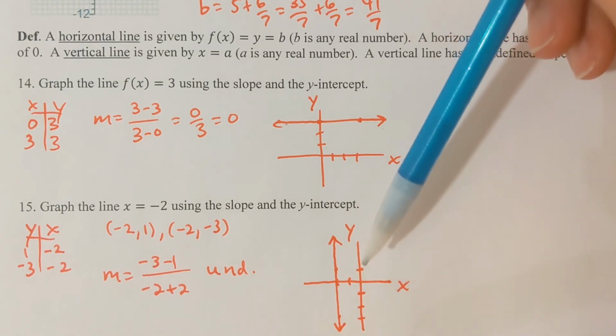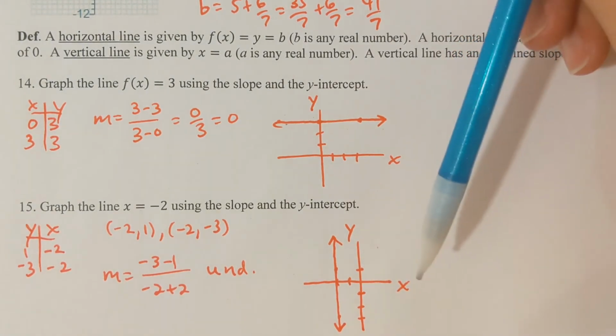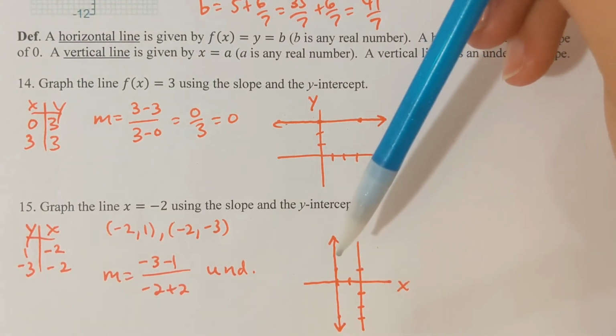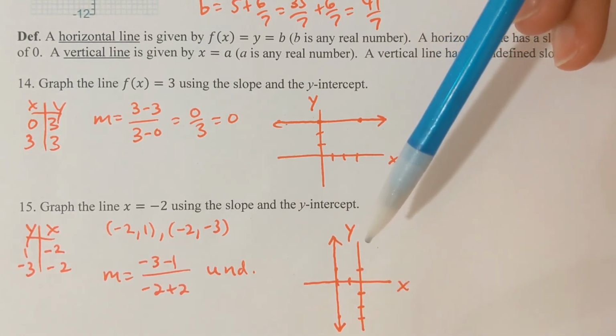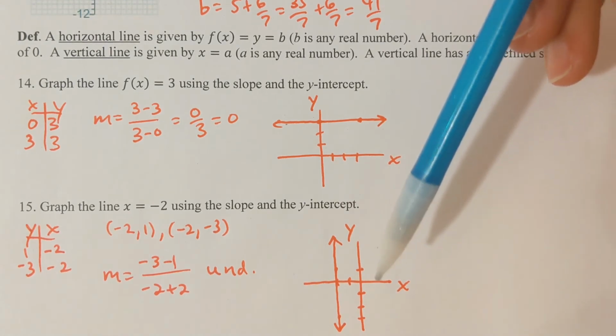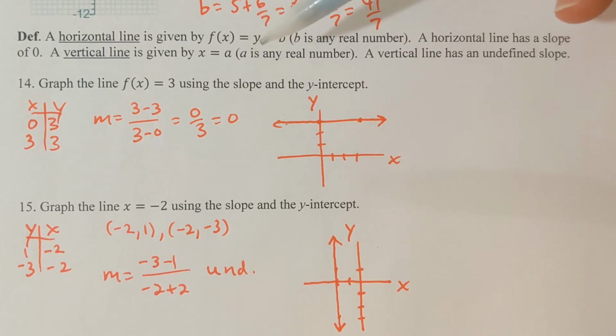A vertical line will fail the vertical line test, right? If you swing a vertical line across the graph, the vertical line being swung across the graph would intersect the vertical line that's already there infinitely many times, and therefore making a vertical line not a function. So I don't want to be using anything with function notation in the case of a vertical line. That's not a function, actually.